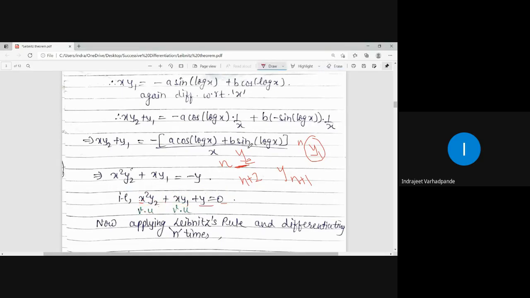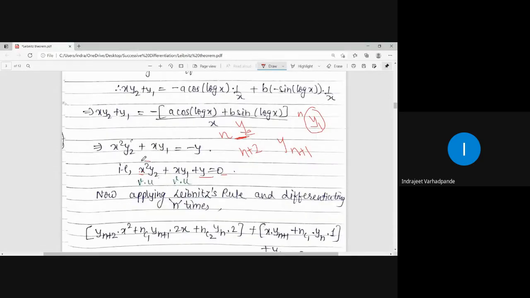Now kindly concentrate on how we will be applying the Leibniz theorem for the given terms. From these two terms, I can take the nth derivative of y2, and after certain steps the derivative of x squared will vanish.